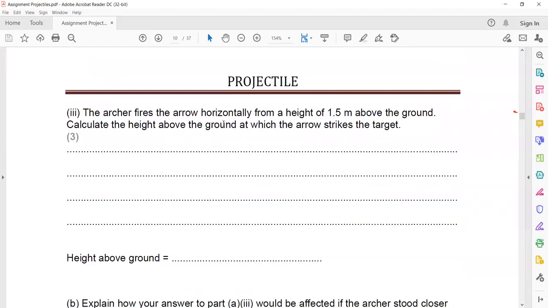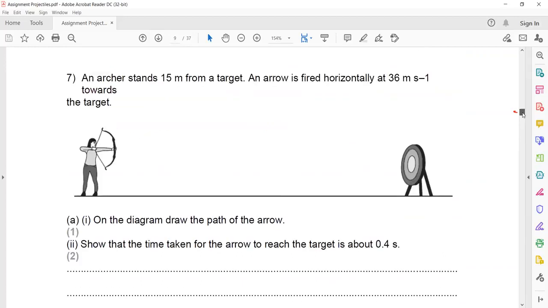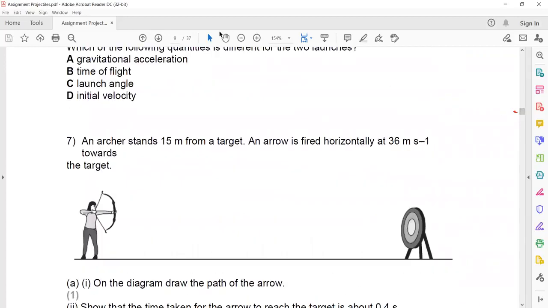Then the archer fires an arrow horizontally from a height of 1.5 meters above the ground. Calculate the height above the ground at which the arrow strikes the target. So the archer is at 1.5 meters, firing the arrow with a horizontal speed of 36 meters per second.